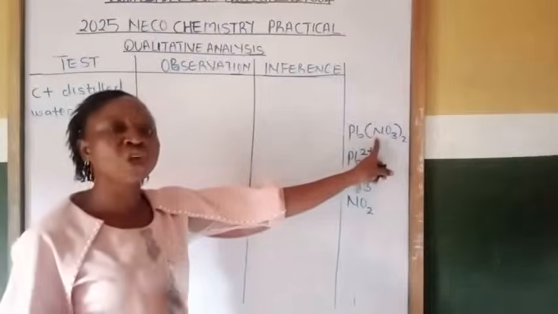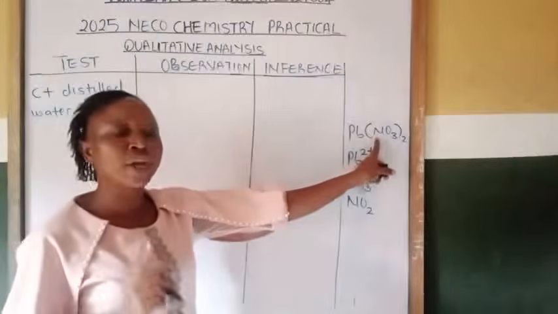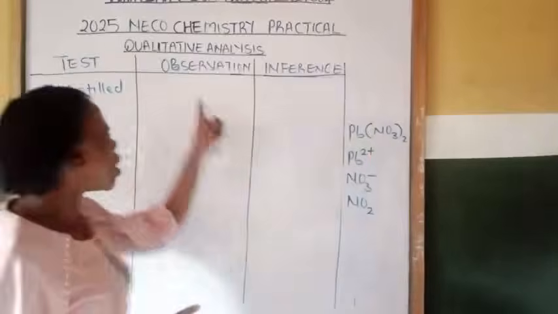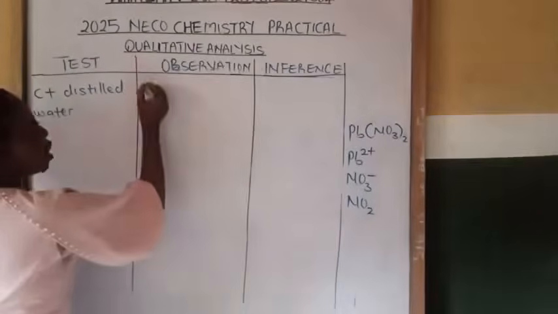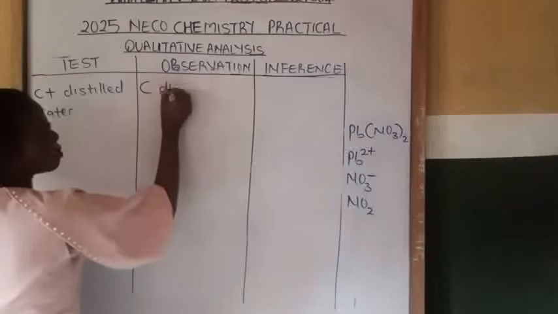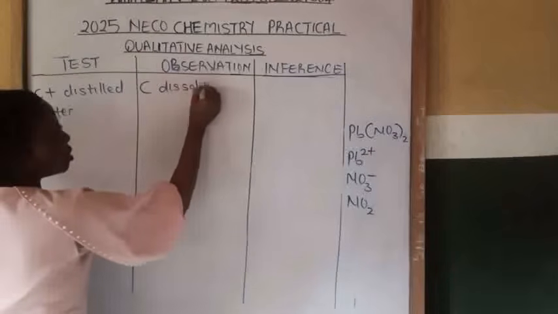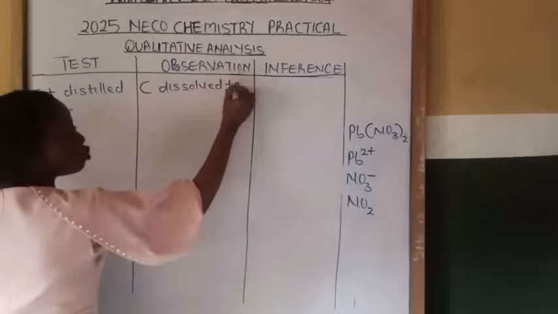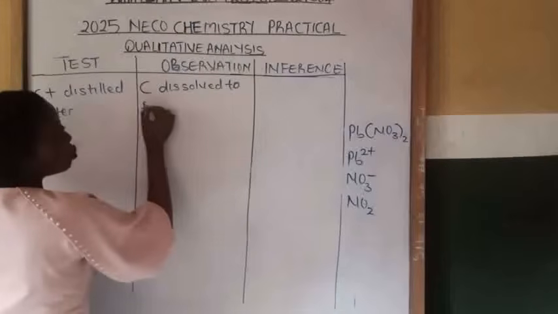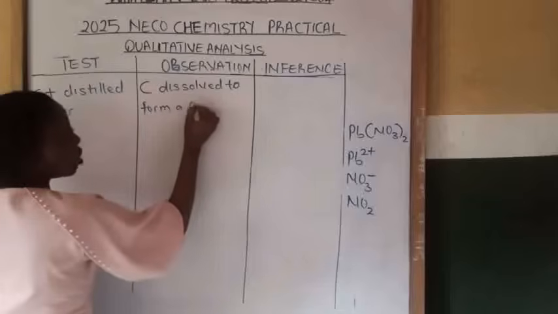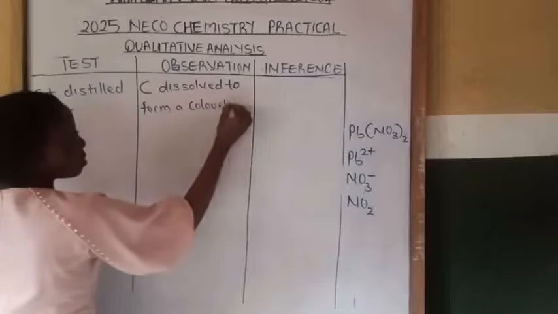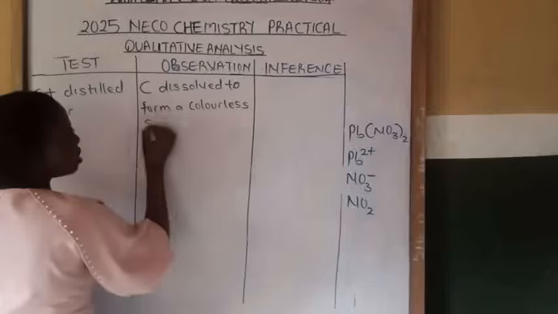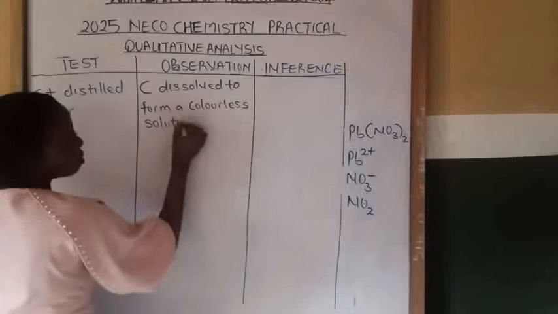C is a soluble salt. So C will dissolve in water to give you a colorless solution. So what will be our observation? We are going to write: C dissolved to form a colorless solution.